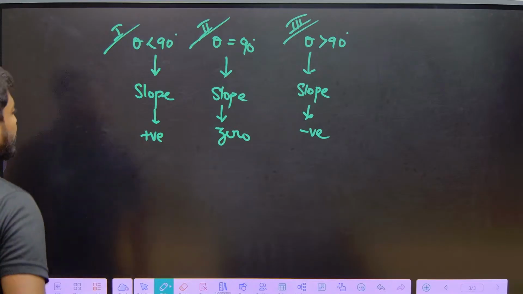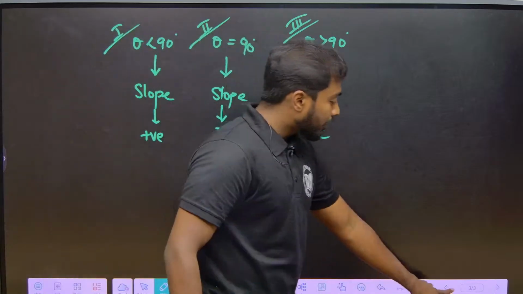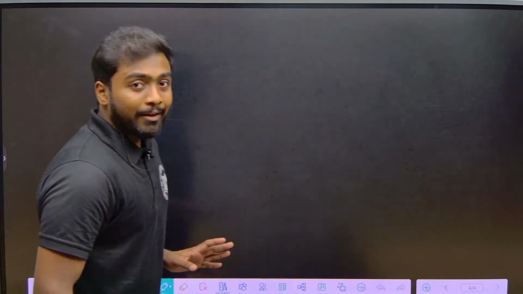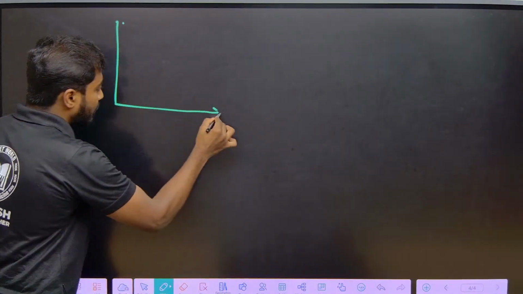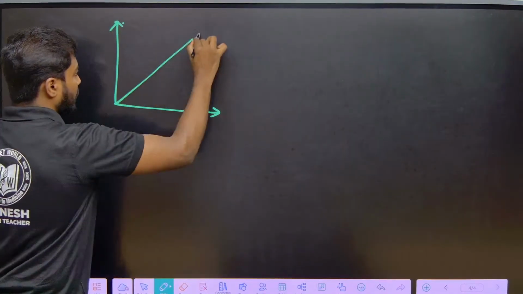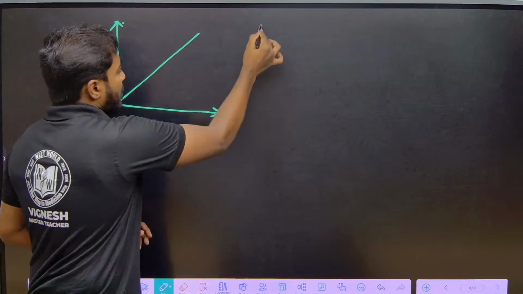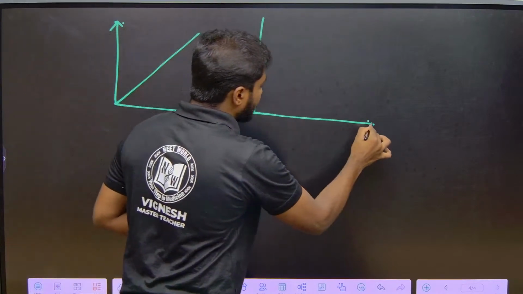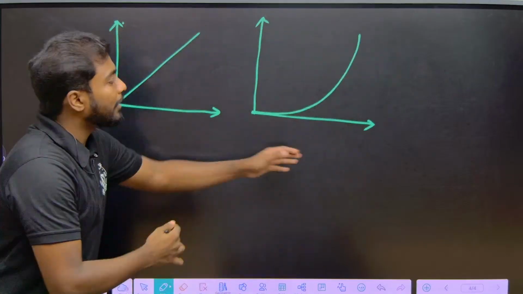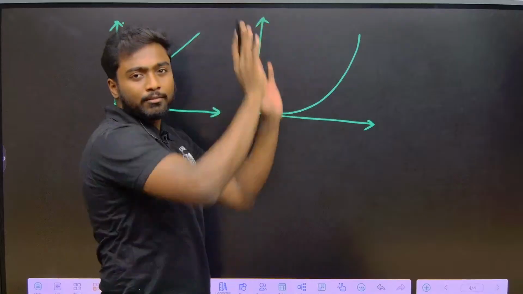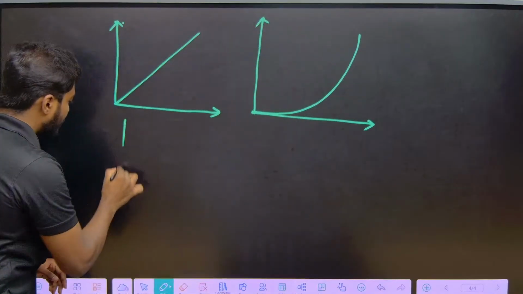Now we will see in a graph how we can analyze. For example, let me take a graph like this. This is the first graph. The second graph is going somewhere like this. Third graph.